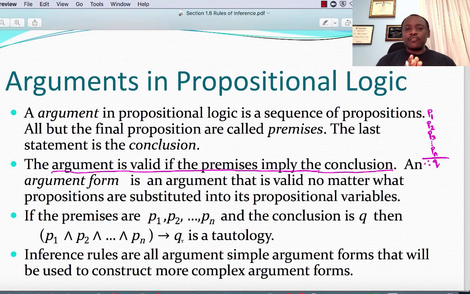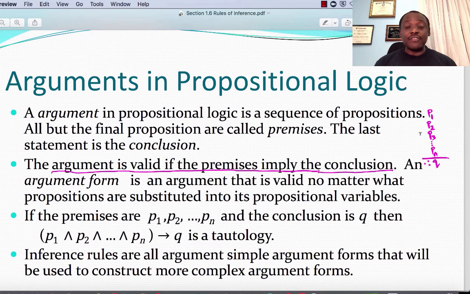So let's go ahead and look at the first case, arguments in propositional logic. Here we do not have quantifiers and variables. An argument in propositional logic is a sequence of propositions. All but the final proposition are called premises and the last is called the conclusion. So we have proposition 1, proposition 2, proposition 3, and the nth proposition, we draw a line, therefore Q. P1 to Pn are called premises and Q is called the conclusion.